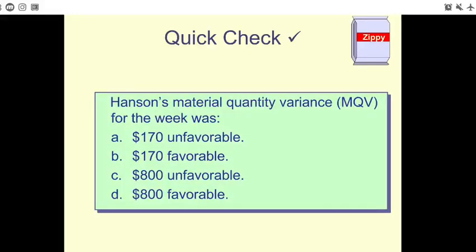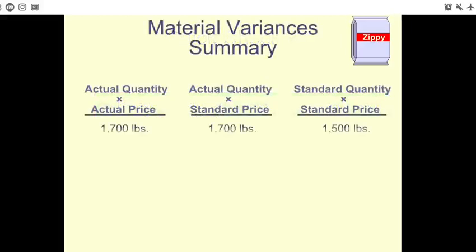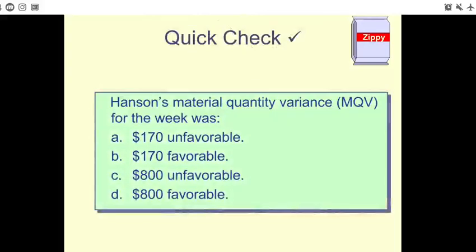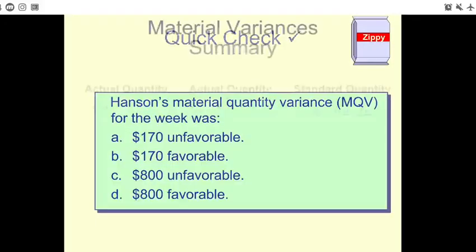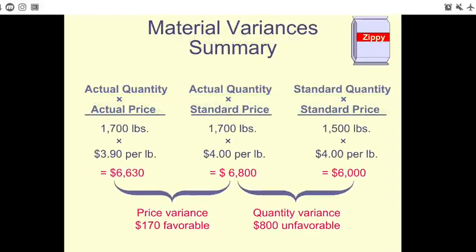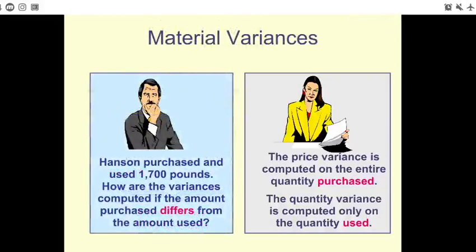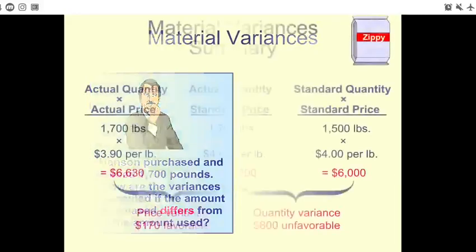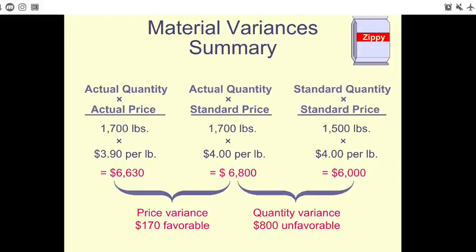And then the question asks Hansen's material quantity variance for the week. Okay, now you use the formula to calculate the variance. Supposed to be, there is one missing slide.